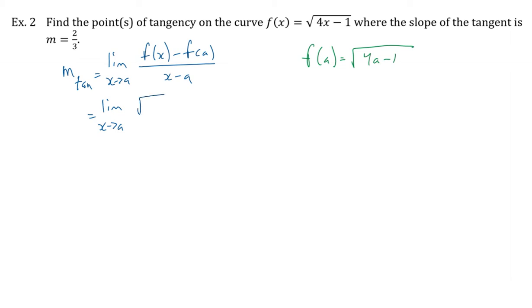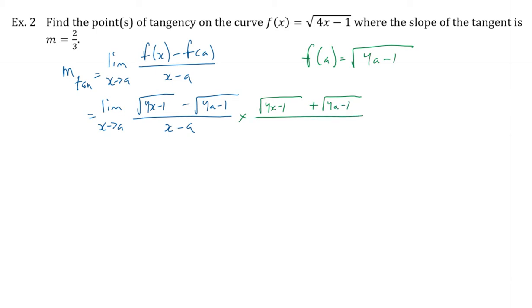So we've got root 4x minus 1 minus root 4a minus 1 over x minus a. Strategy is conjugate, so root 4x minus 1 plus root 4a minus 1. And of course we have to multiply by 1, so it's over the same thing.